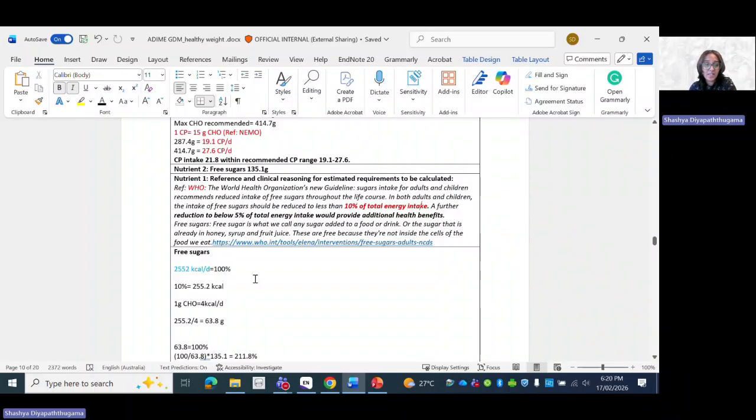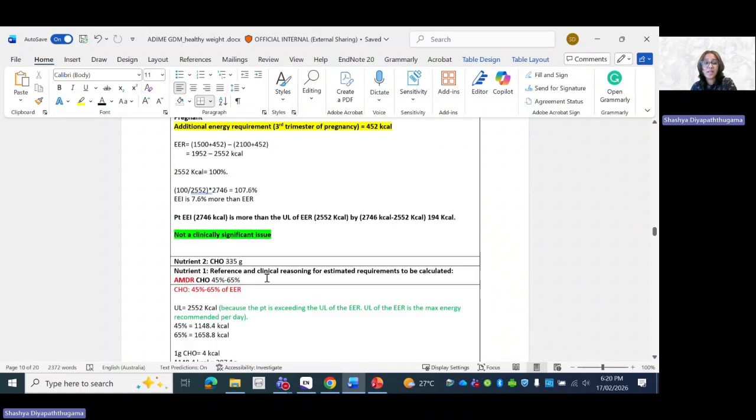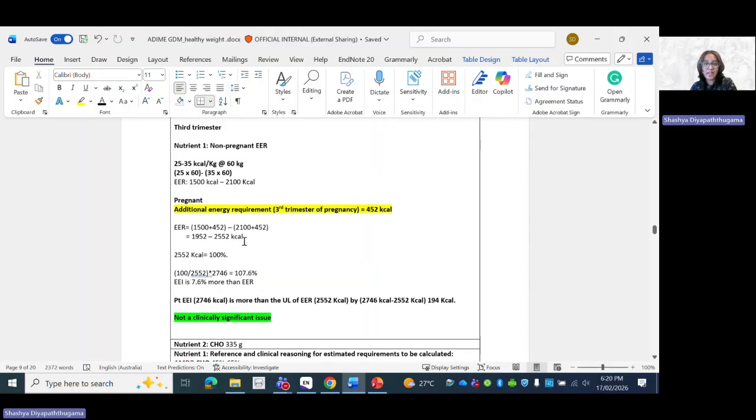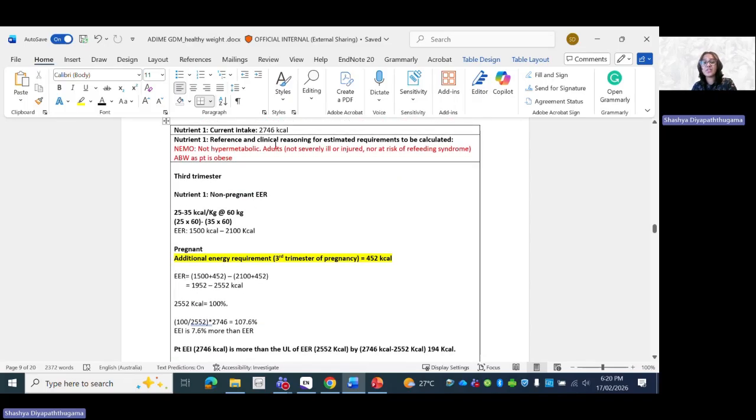So looking at that, the total energy intake is 2,552. We are using this upper level that we have calculated for the estimated energy requirement, because her actual energy intake is a bit higher than the requirement.